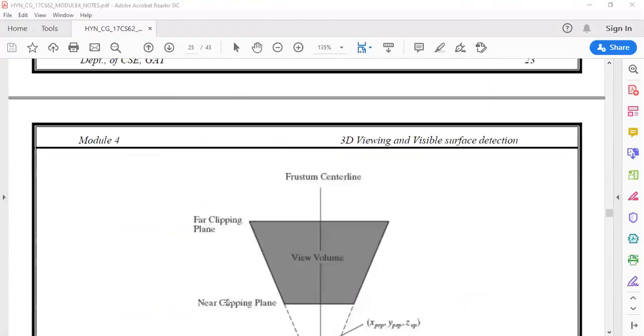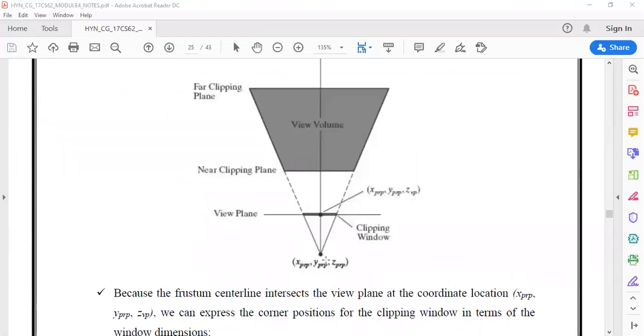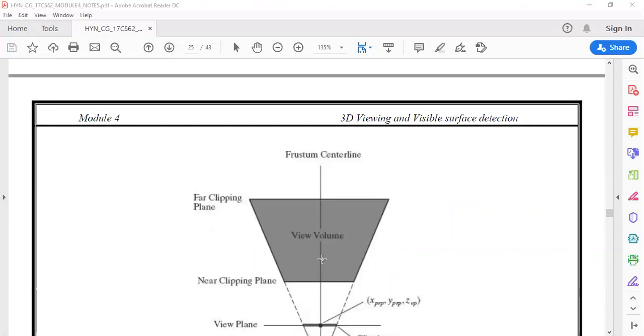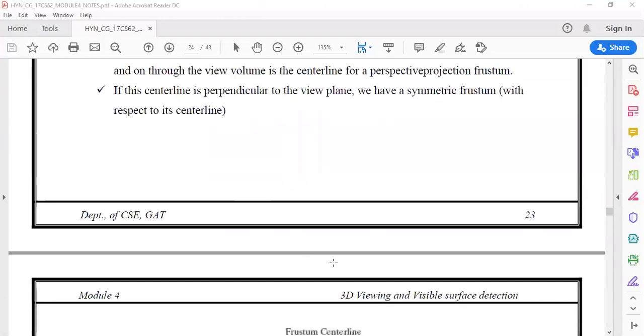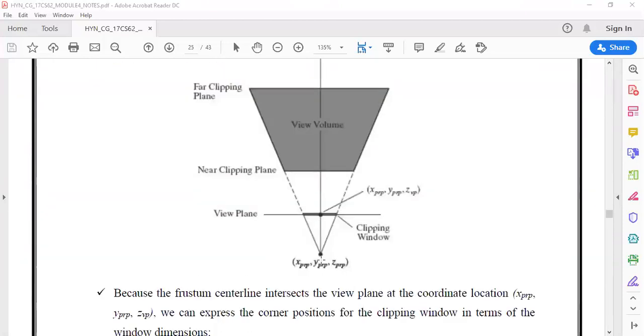Say a line is drawn from the center of projection, that is the projection reference point, through the center of the clipping window, and on through the view volume. This is my clipping window.